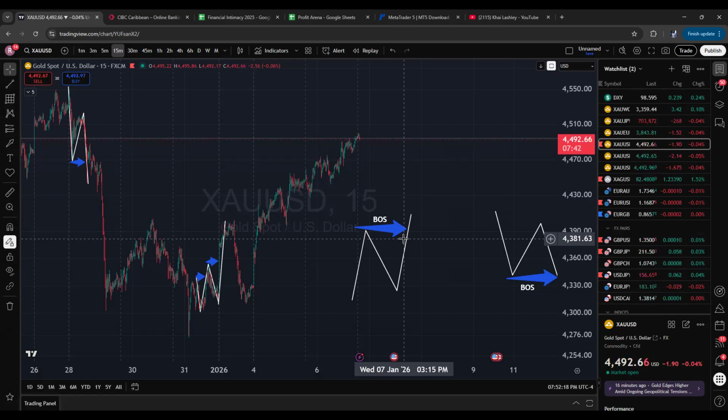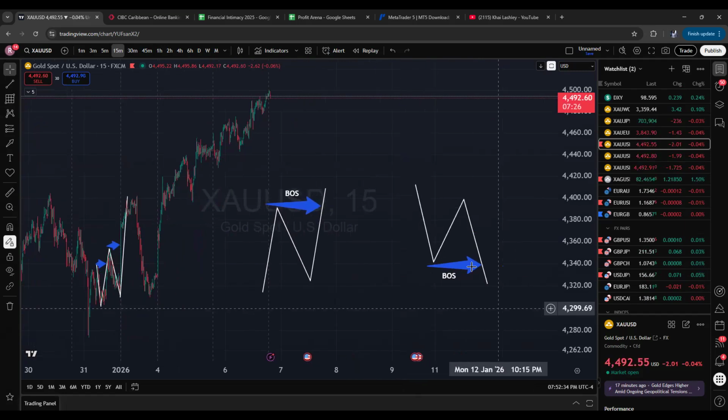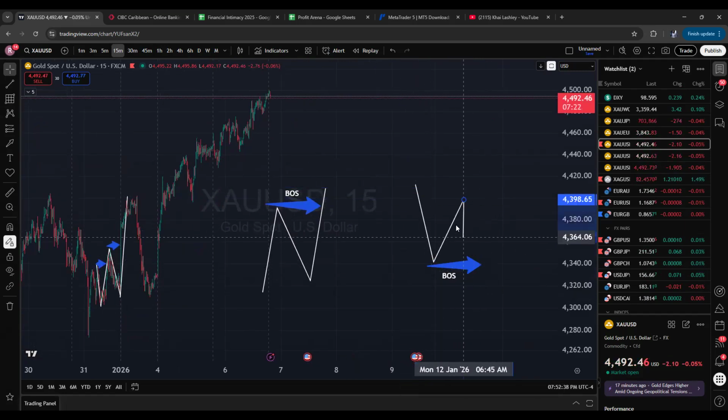When price pushed up and broke this previous high, where did this push up begin? So we're thinking about where, first of all, did the push up begin? Where did it push down, that broke this low? So this move here, where did this start from?